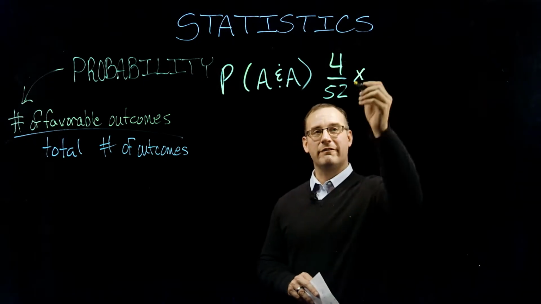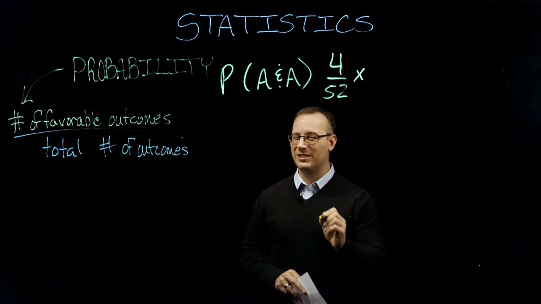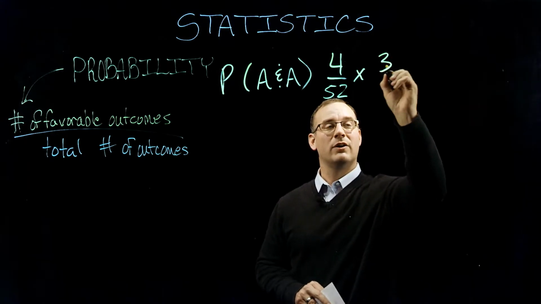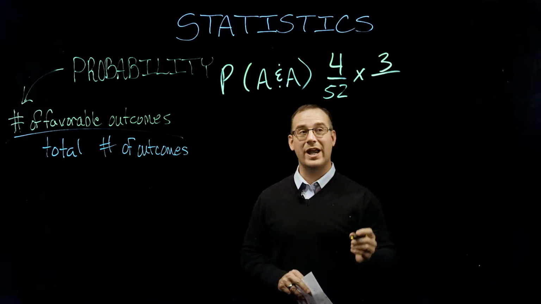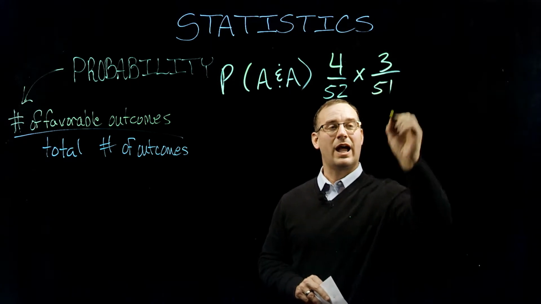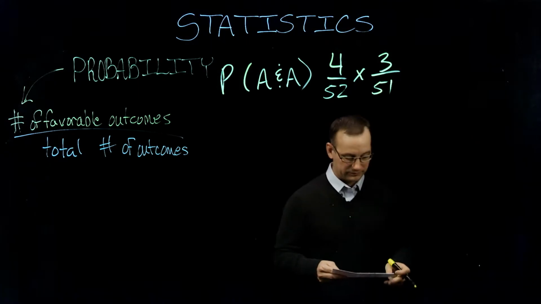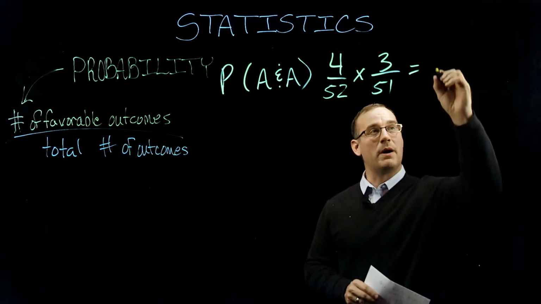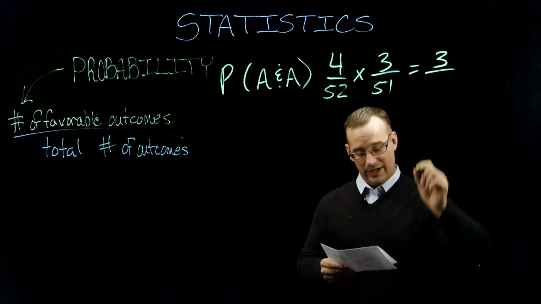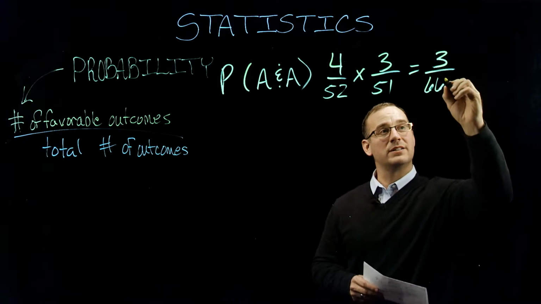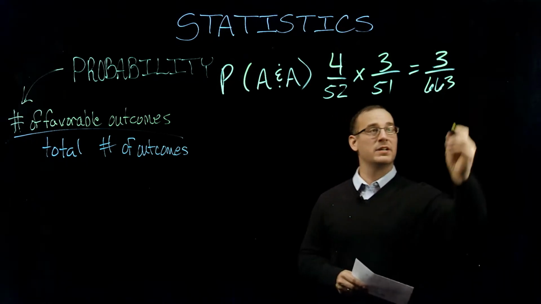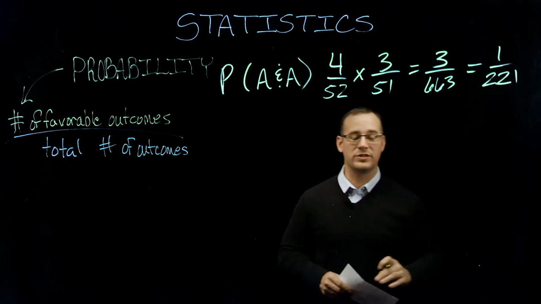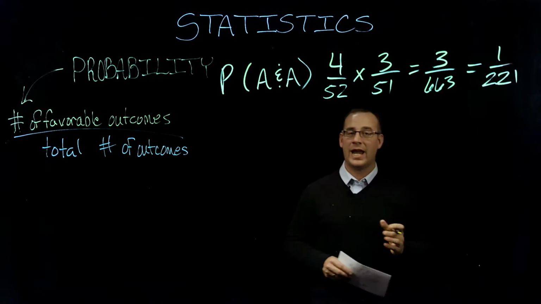So in essence, we've got 4 out of 52, but once we draw that first card, how many cards are left in the deck? Well, hopefully there's 3 more aces out of 51. And so if we multiply this out, what we come up with is 3 out of 663, which is going to come out to be 1 out of 221 hands.